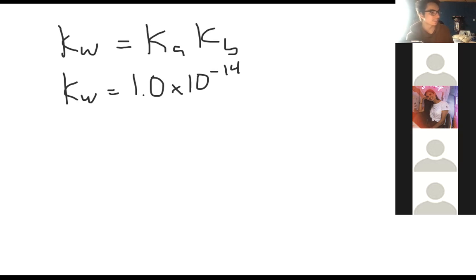Ka for acetic acid is 1.8 times 10 to the negative 5, and so the Kb for its conjugate base will be 5.6 times 10 to the negative 10, and it tells us how it's solved for that. We're looking for Kb, we know Kw, we know Ka, so we could just plug in, manipulate, and solve through.